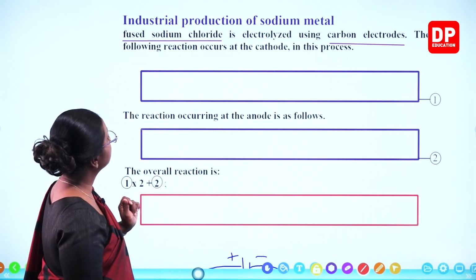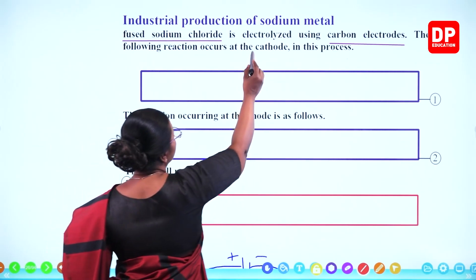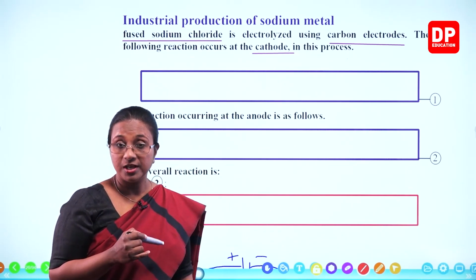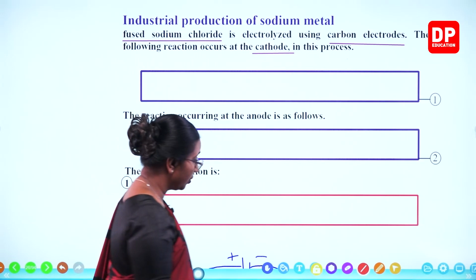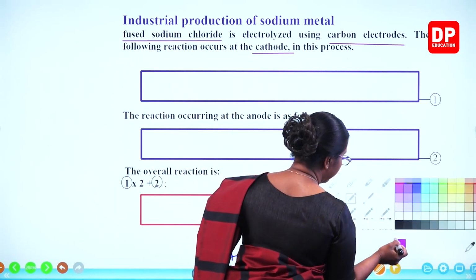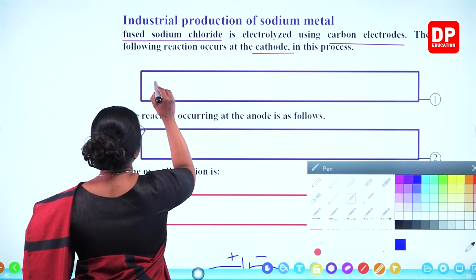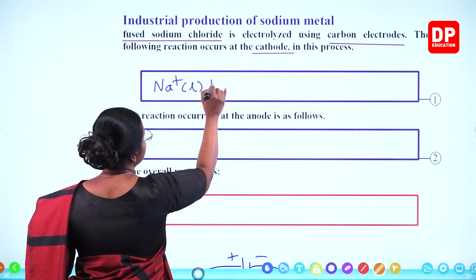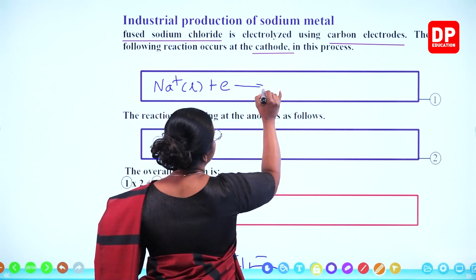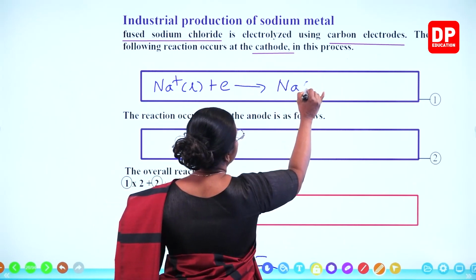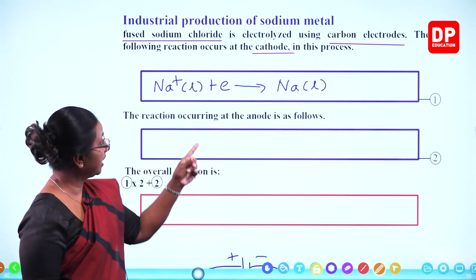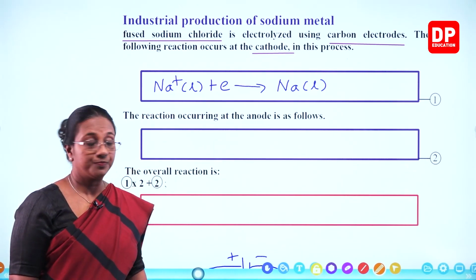The following reaction occurs at the cathode in this process. So first reaction, cathode. That is the reduction of sodium ions. So you can remember that. What happens there? Na plus liquid takes up electrons and becomes Na liquid. So this is the reduction taking place at the cathode.